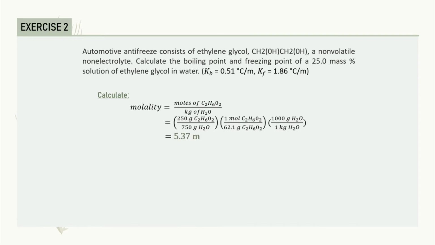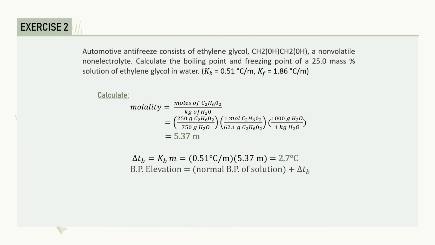So the answer is 5.37 molal. Next we're going to look for the boiling point elevation. Boiling point elevation is equal to 0.51 degrees Celsius per molal times 5.37 molal, which is equal to 2.7 degrees Celsius.